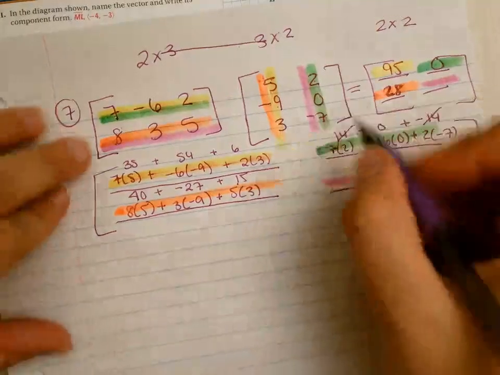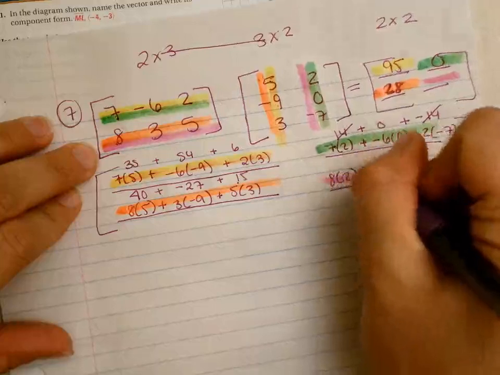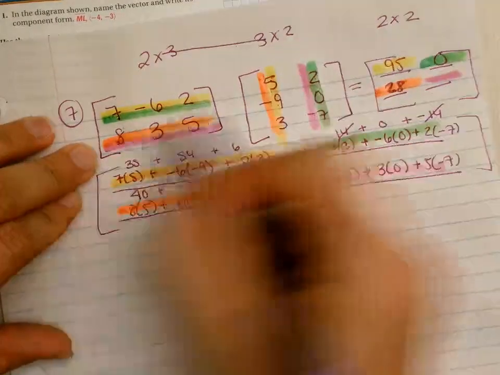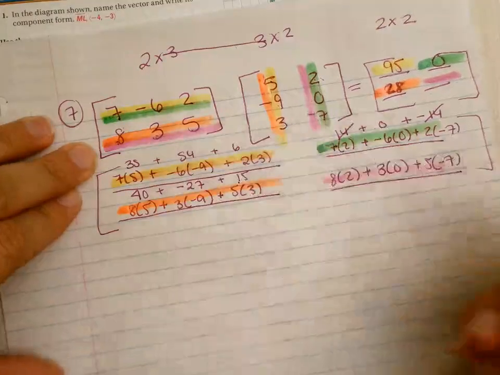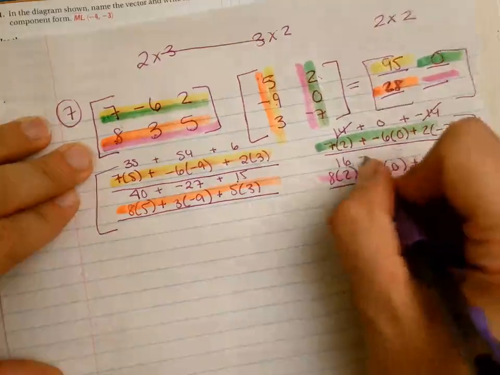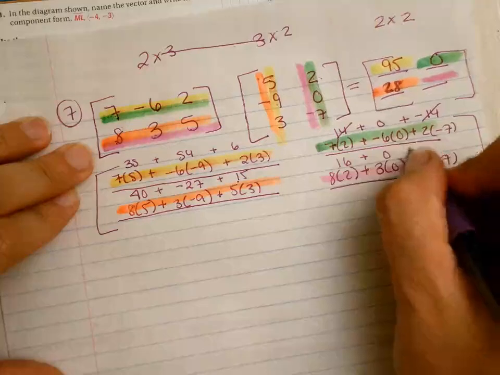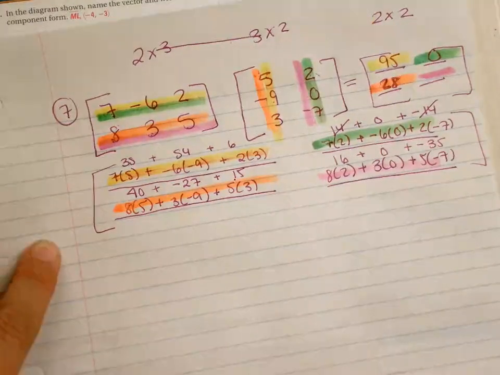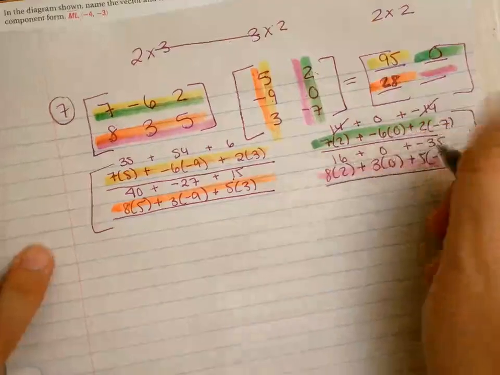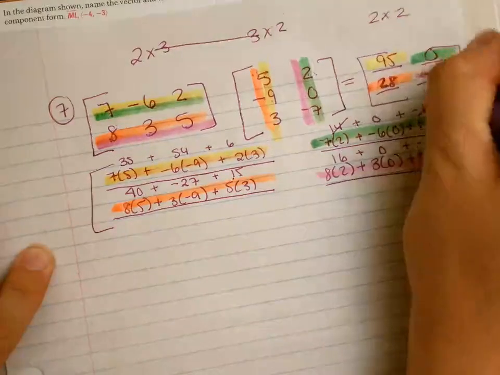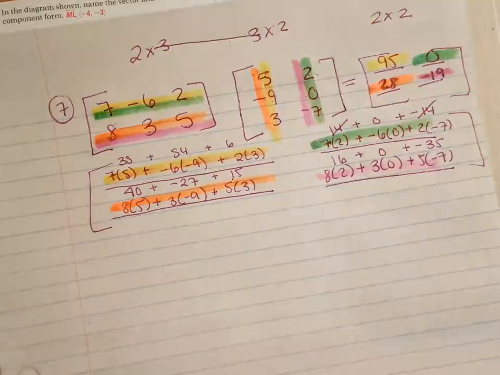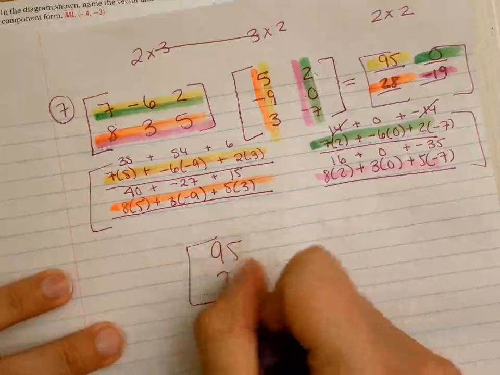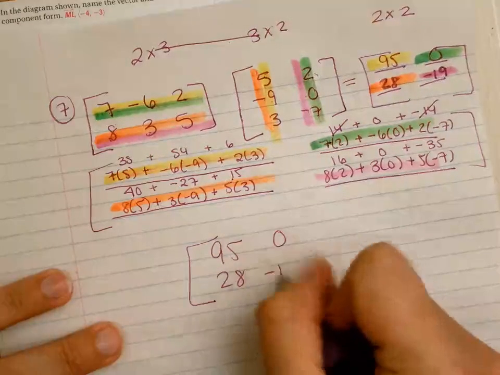All right, so we have 8 times 2 plus 3 times 0 plus 5 times negative 7. 16 plus 0 plus negative 35. 16 minus 35 is going to give you negative 19. So my final answer is right here. It looks like this: 95, 28, 0, negative 19.